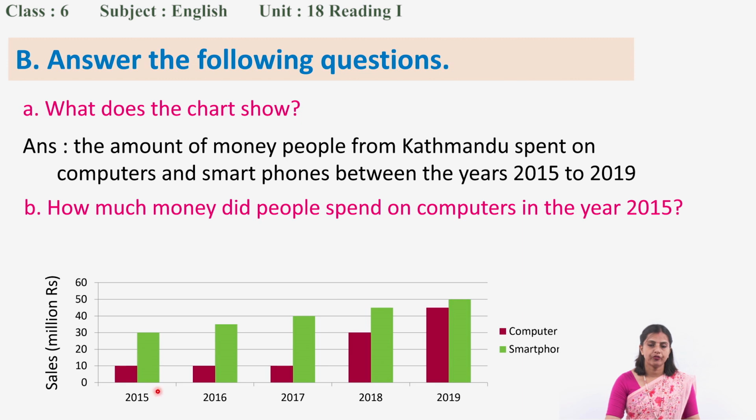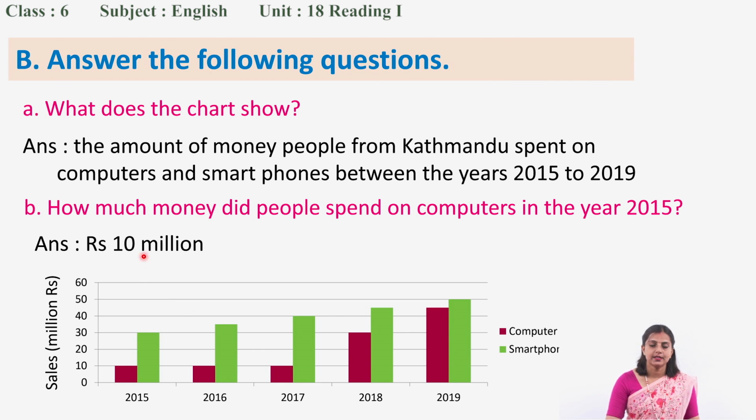Here is 2015. How much money was spent? See the chart and tell me the answer. Good, yes, that is Rs 10 million, meaning rupees 10 million. 10 million rupees was spent on computers in the year 2015 and also in 16 and 17, because for 3 years it remained constant, but we have been asked here about the year 2015.